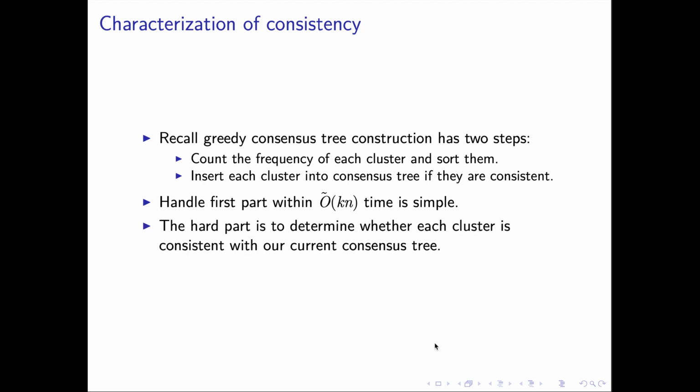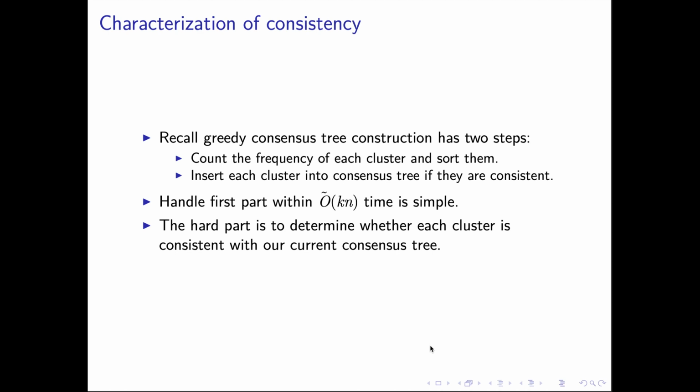The hard part is actually to determine whether each cluster is consistent or not. This is the bottleneck of the previous algorithm. In the previous algorithm, in order to speed up this consistency checking step, they use a smart idea, which is a characterization of consistency.